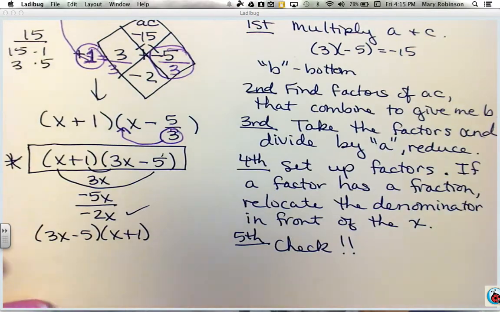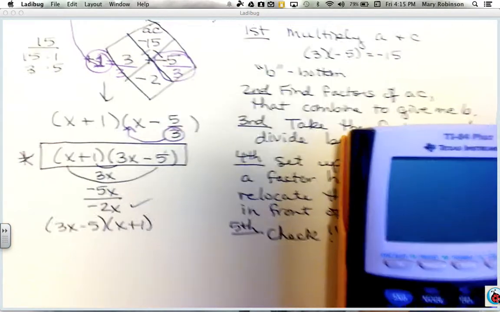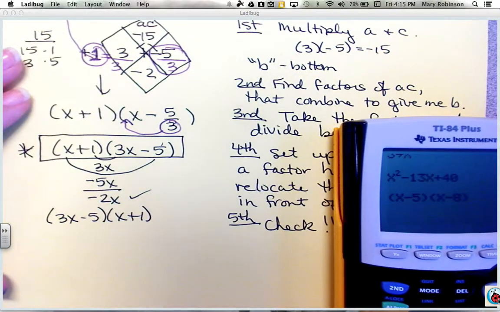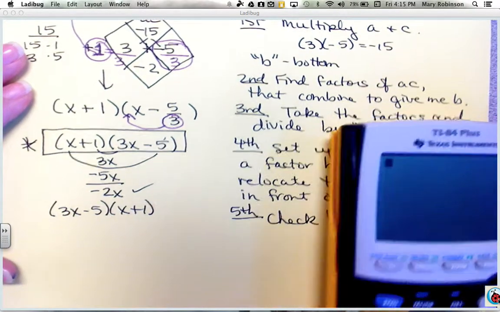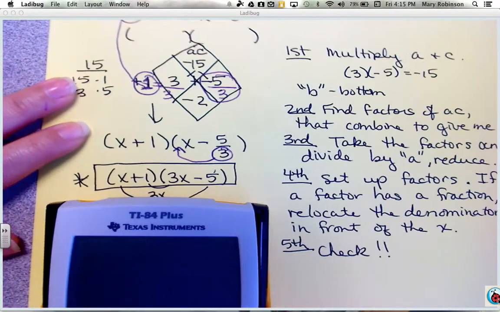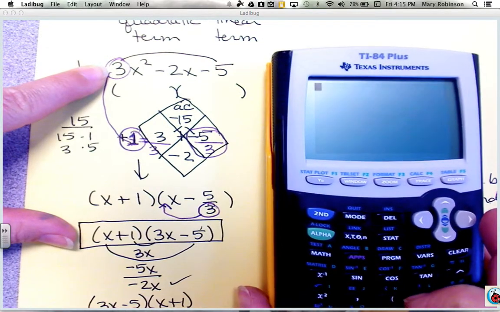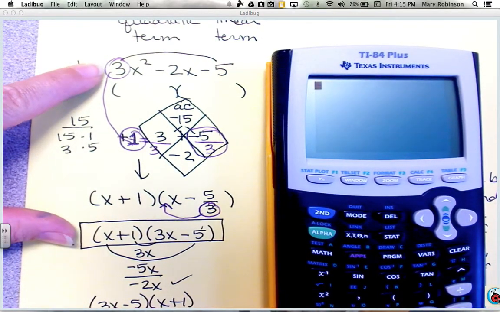To do that, remember that we can use our calculator. We can also multiply it out. But one thing I've taught you in class is that you can store a value and test to see if these are equivalent values. So next what I'm going to do is remind you of how to do that. So remember, you've learned to store values, and I really don't care what value is stored.